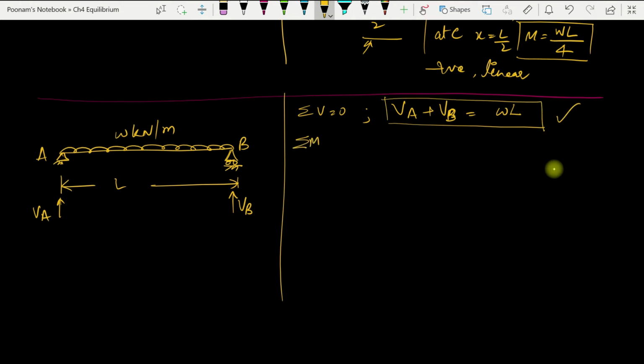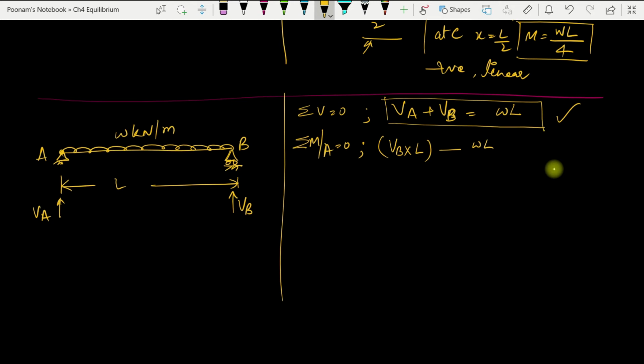and if I take moment about point A and put that equal to 0, I will get anti-clockwise moment due to VB and clockwise moment due to the UDL. So VB into L is the moment due to support reaction VB at point A minus WL, which is the total UDL.